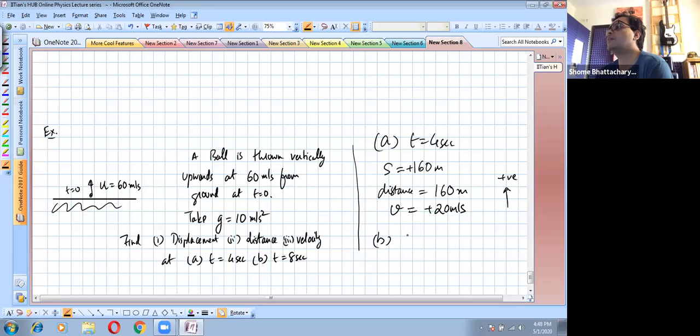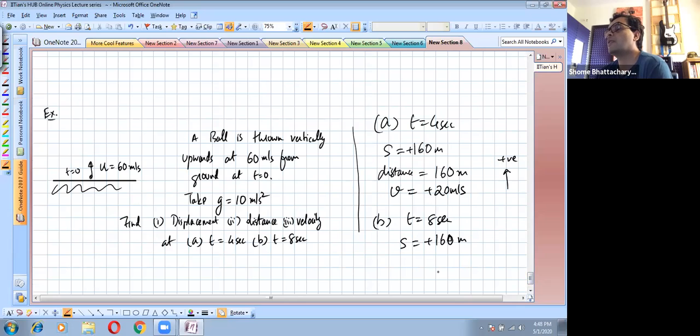Whereas when you calculate the B part, t equal to 8 seconds, interestingly, you will get the displacement again by the formula as plus 160. Now this might confuse you how this is possible, but you'll realize that it also is coming down. No? The body also comes down. That is why, so the distance traveled, we'll keep that for the moment, but definitely it will be greater than 160 because you know that it's gone up and come down.